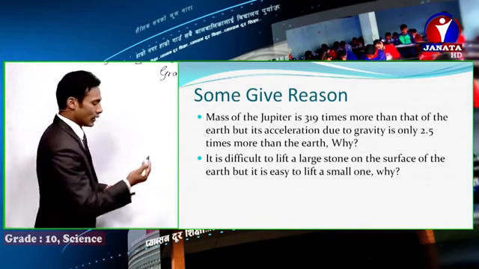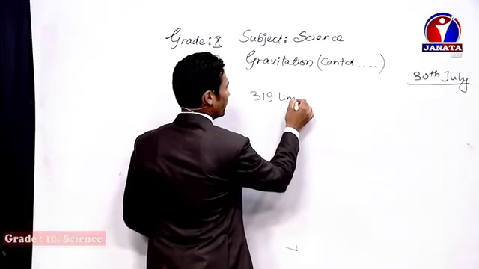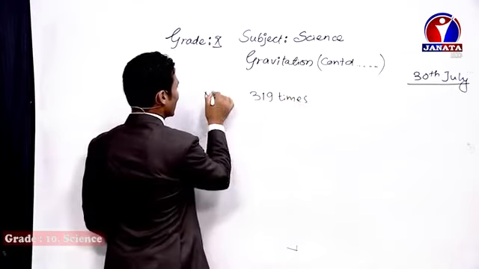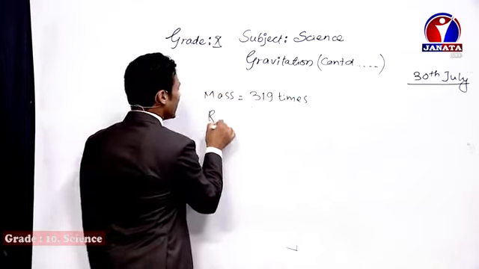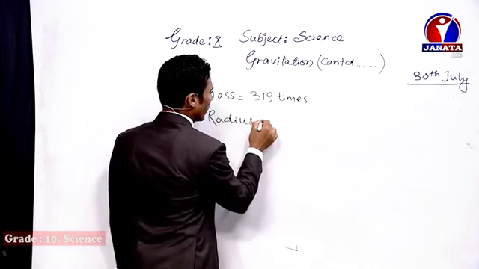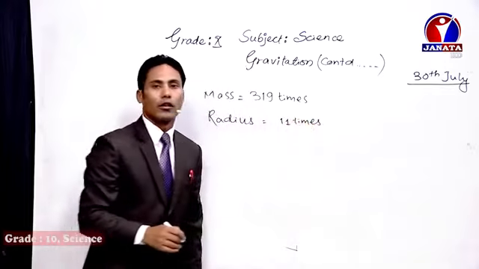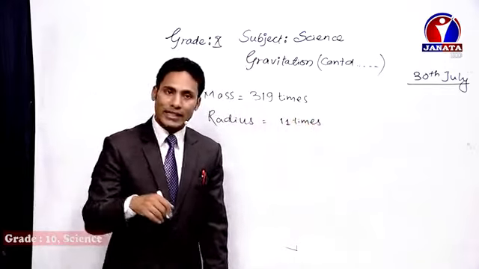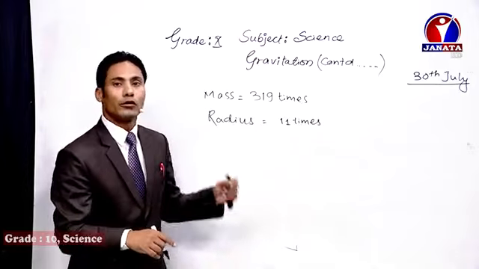Okay, that means though this mass is 319 times greater, its radius is also 11 times greater than the radius of the Earth. And I have already said acceleration due to gravity is inversely proportional to the square of the radius.